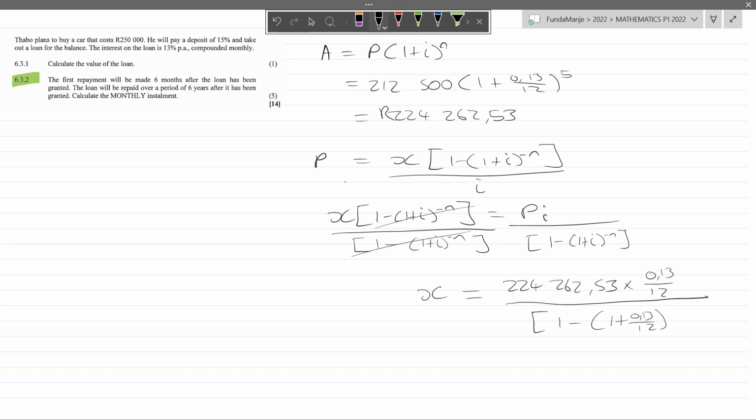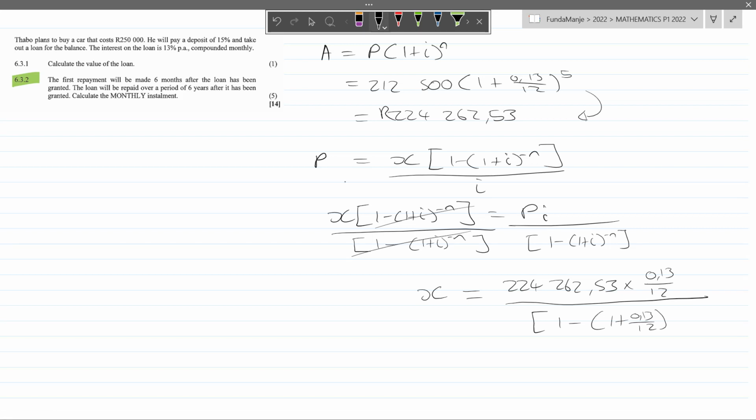If he's only starting 6 months after, and it says the loan will be repaid over a period of 6 years after it has been granted, it means he has about 5 less months, because in those 5 months it was gaining interest and he wasn't paying any of it back.